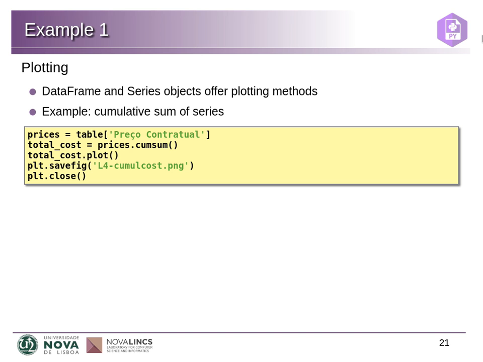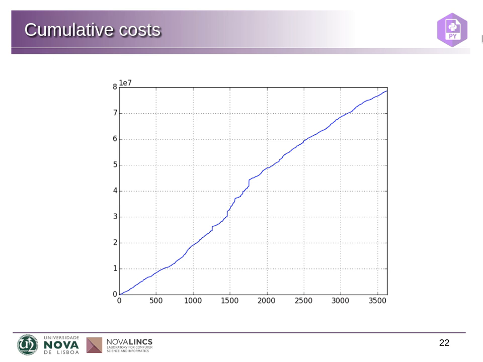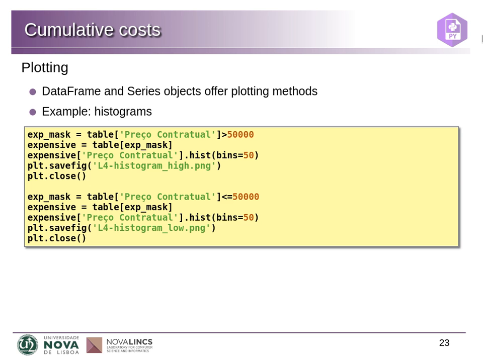And then I just save the figure and close. So if I want to save the plot, I need to import it from matplotlib. But if I just want to look at the plot, I can use Pandas for that. So this would be the cumulative sum of all the contracts. So we are adding the cost of all the contracts and so on.